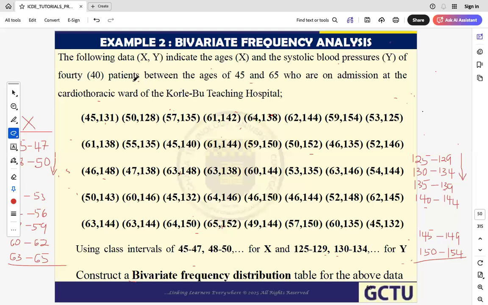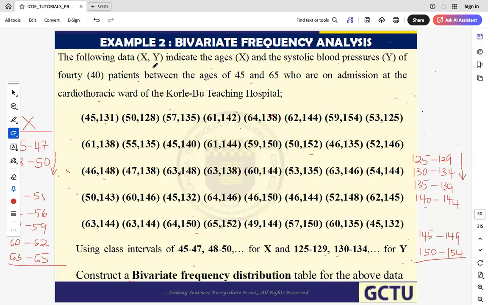Now it says the following data, which is represented in a curved bracket as X and Y, meaning 2 numbers. X has its number, Y has its number. So the representation of the data is this way, not one number like we saw in the previous example. This time you are given 2 numbers, the first number, comma, the second number.